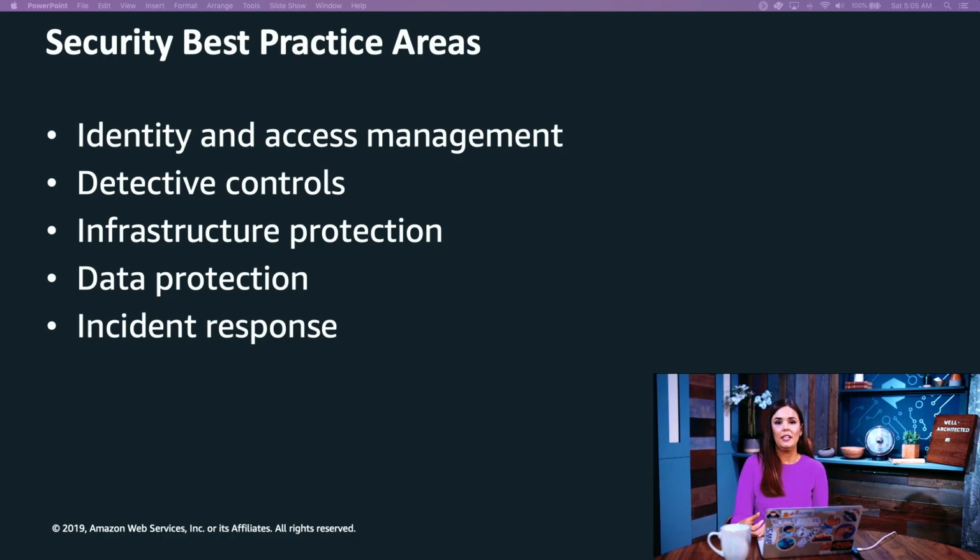These are identity and access management, detective controls, infrastructure protection, data protection, and incident response. Each of these areas are important for supporting against not only financial and data loss, but also supporting compliance with regulatory obligations. We will be covering these areas today.